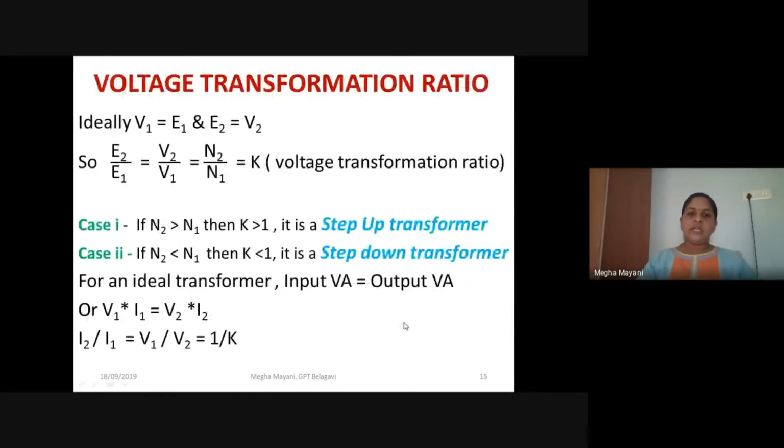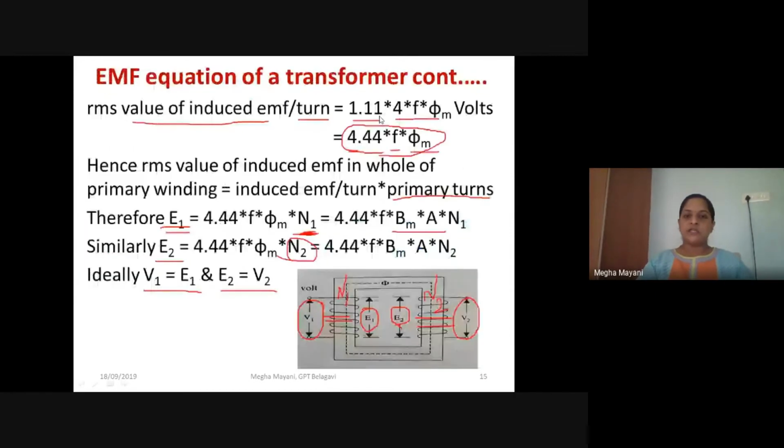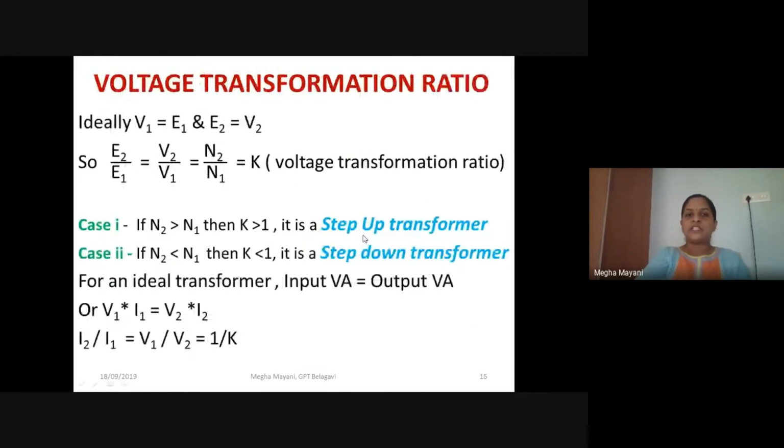Now, I hope the EMF equation for the transformer is clear. Now, let us proceed towards the voltage transformation ratio. We have seen ideally V1 should be equal to E1 and E2 should be equal to V2. Then if you take the ratio E2 by E1, that should be equal to V2 by V1. And that is dependent on what?